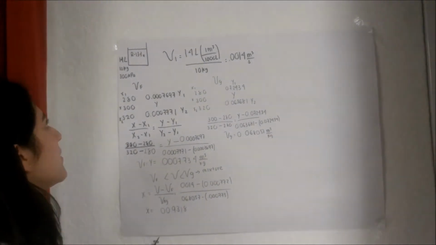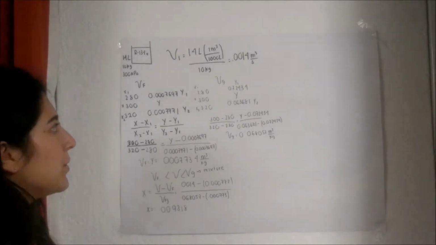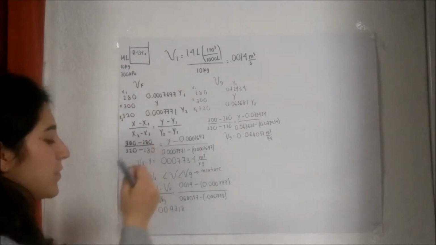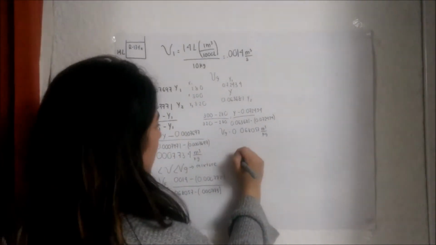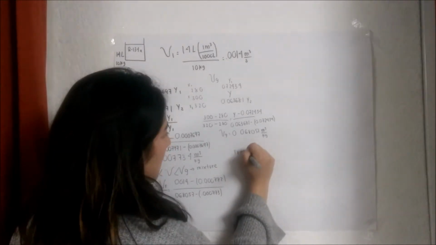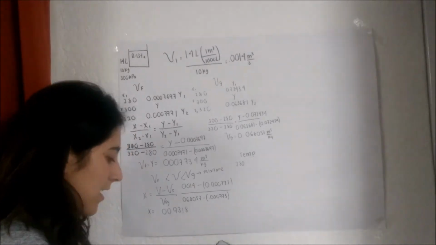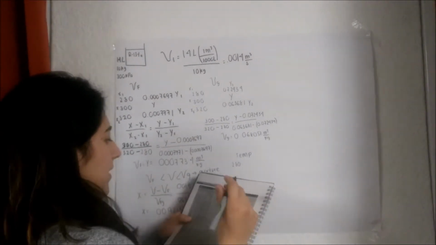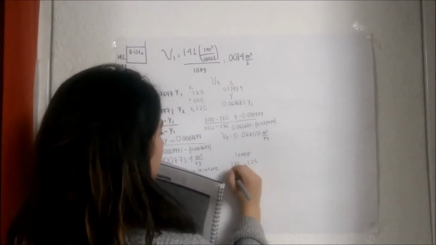Because we don't have the exact value, we should interpolate. So for the temperature, for 280 in table A12, the Tsat is minus 1.25.